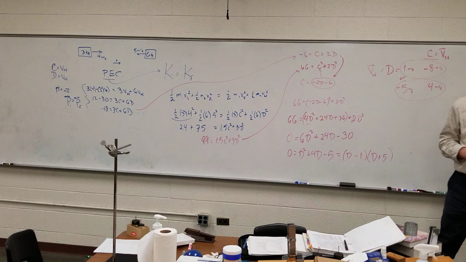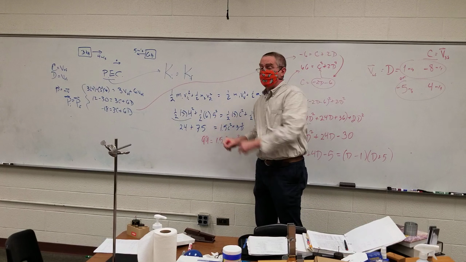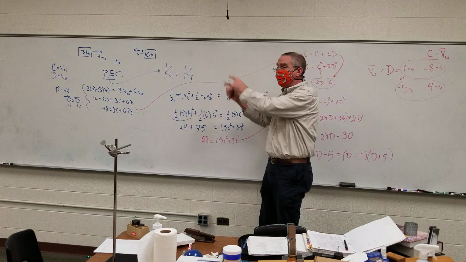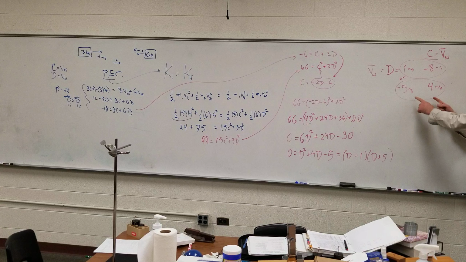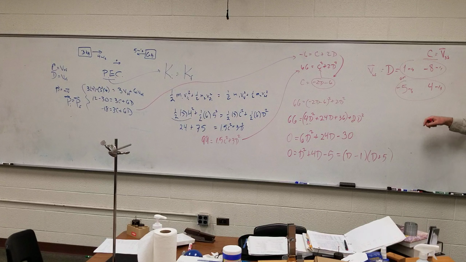Yes. We were looking for a situation where we had the exact same momentum and the exact same kinetic energy. Well, one of the solutions better be exactly what it is before they collide. The 6 kilogram mass is going negative 5 meters per second to start with. The 3 kilogram mass is going 4 meters per second. Okay. Wait, but how do we get that from what we solved for?